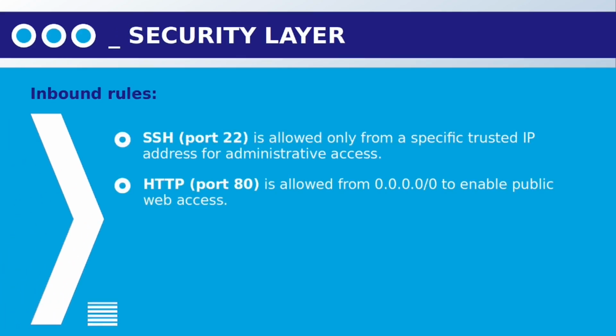Security layer. Security is controlled using a security group. A security group is a stateful firewall attached directly to the EC2 instance. Inbound rules. Inbound rules define what traffic is allowed into the EC2 instance. We configure two rules.